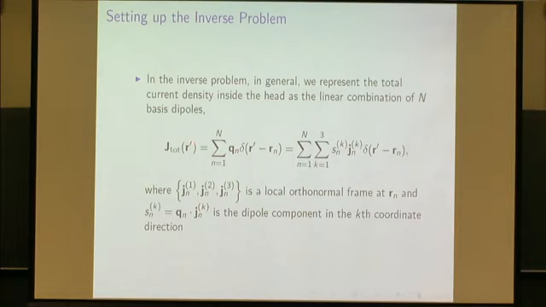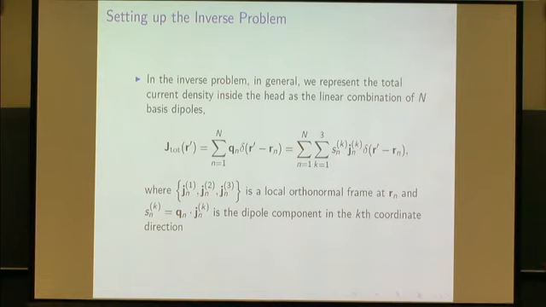So we say that the total current is a sum of pointwise dipoles. So Q's are dipoles at points Rn. These are vectors, and Rn's are the locations. And if you want to express these Q's in a local frame, J1, J2, and J3 are the local frame vectors, and Sn's are the coefficients.